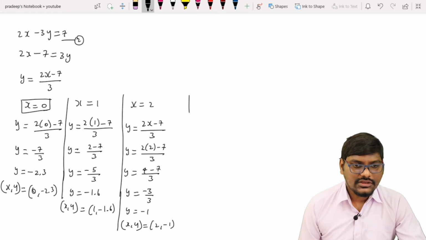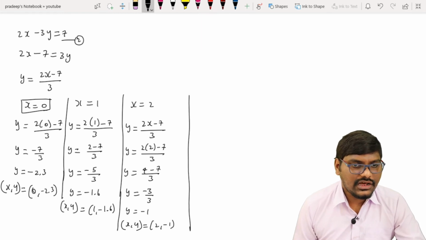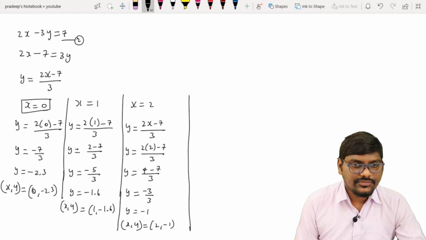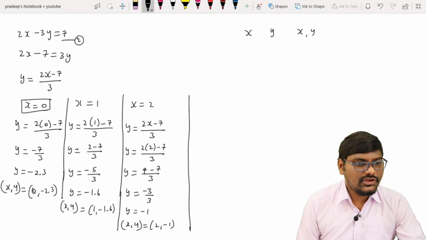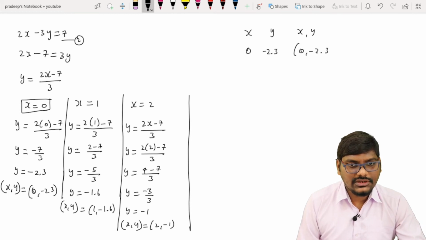So what we got here, if we write all of these coordinates, we have x, y, and x comma y. x we got as 0 and y we got as minus 2.3. So the coordinate is 0 comma minus 2.3.